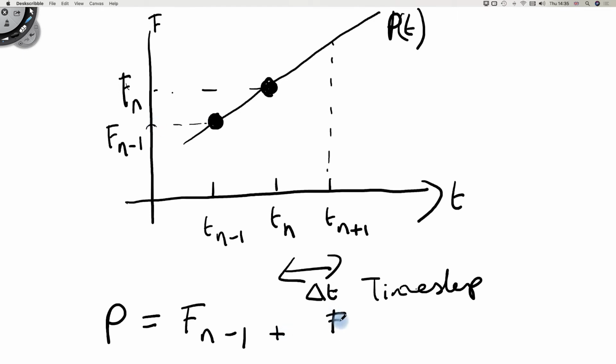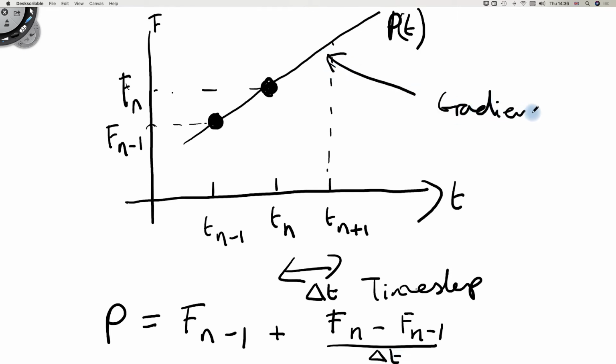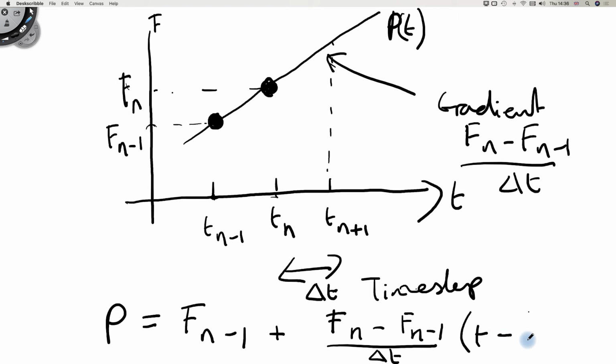So the gradient is (f_n minus f_{n-1}) over delta t. And then we have this variable t, which can float between these discrete values, times (t minus t_{n-1}). So it's the first value plus the gradient times the change from there.